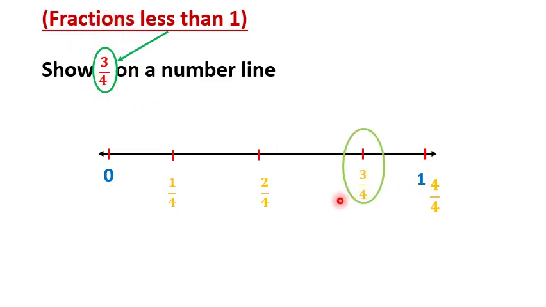First, I will make a number line. I will start from 0 and end my number line on 1. Then I have to divide my number line into equal parts by looking at the denominator given in the question. Now, after dividing the parts, I will write the fractions for each part.